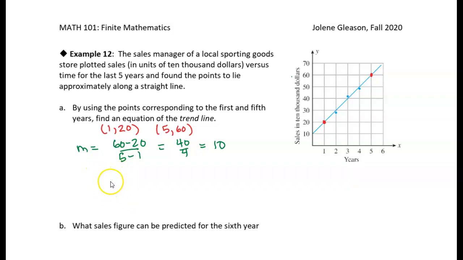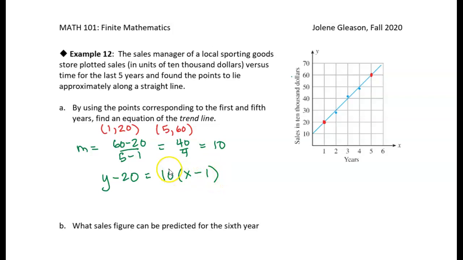But anyway, let's just pick that first point, 1 comma 20. Using the point-slope form, we get y minus 20 is equal to the slope, which is 10, times x minus 1.